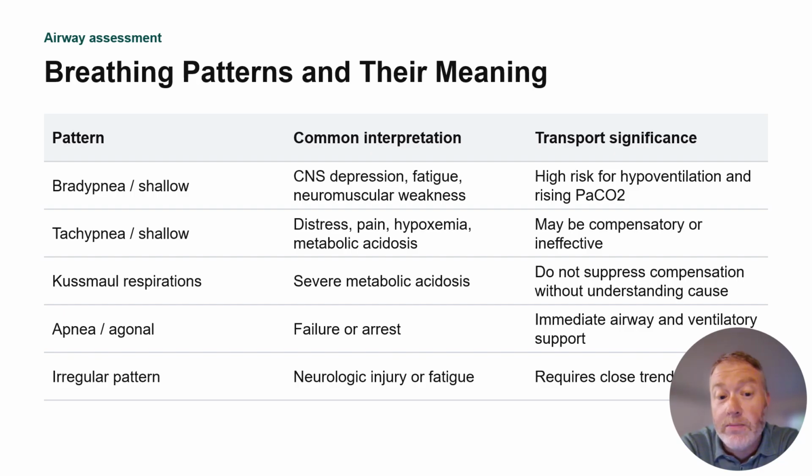Conversely, tachypnea. Often people who are tachypneic or breathing quickly are in distress or pain. Sometimes they're hypoxemic. Metabolic acidosis, so diabetic ketoacidosis, things like that, with your Kussmaul's respirations, can really exacerbate the tachypnea itself.